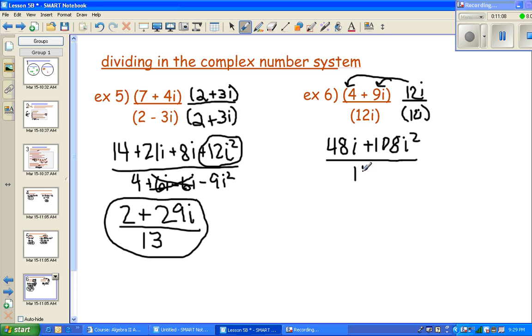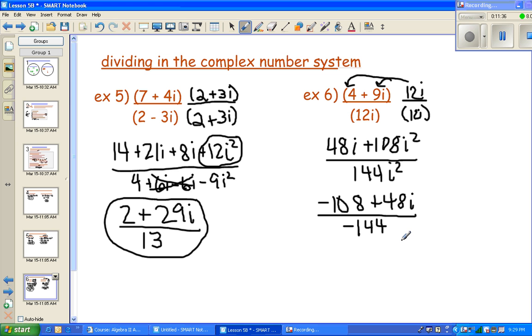And on the bottom you've got 144i squared. Remember, i squared is just negative 1, so that's negative 108 plus positive 48i. And on the bottom, again, the i squared just becomes a negative 1. That gives you negative 144.